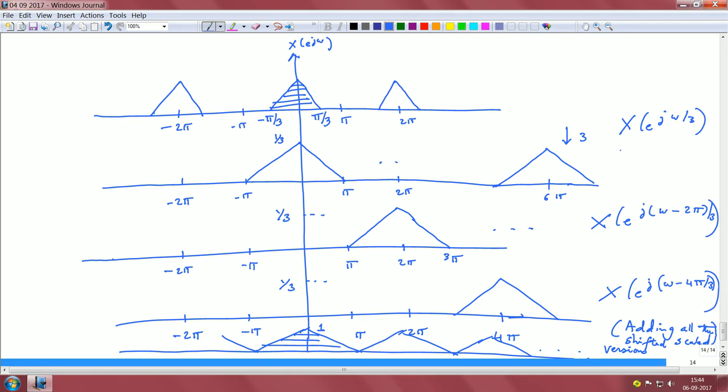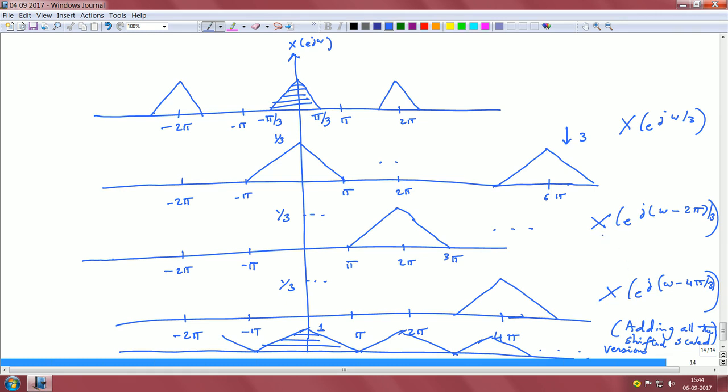So this is X(e^{j omega/3}), then you have translations of these at integer multiples of 2 pi, so it is 2 pi k, and you have 3 copies here.